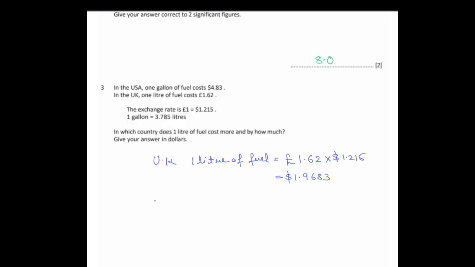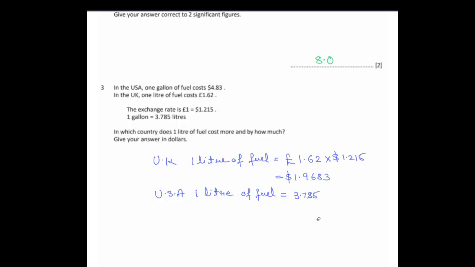Now let us find out USA. Here they have given 1 gallon of fuel, so we'll convert that 1 gallon into liters. 1 gallon is 3.785 liters, and this fuel costs $4.83.